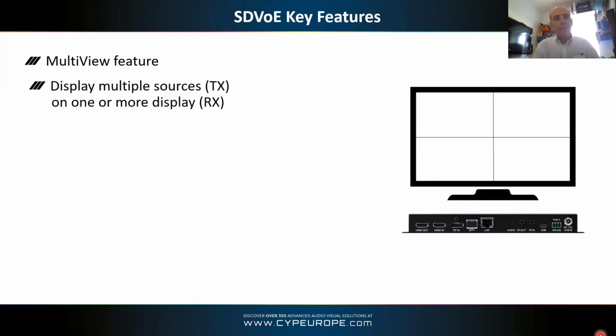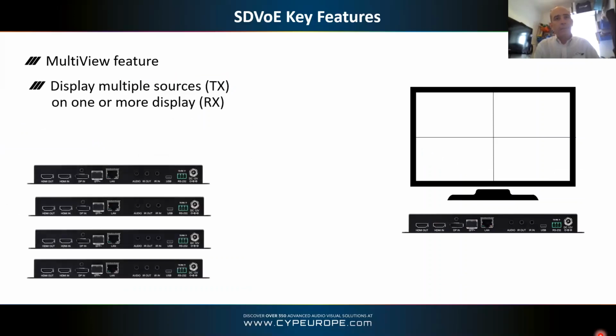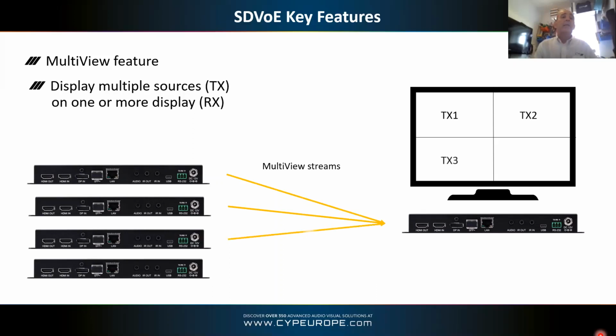Just having a quick look at multi-view then as well. So effectively a receiver saying, I need TX 1, 2, 3, and 4, and I'm going to display them on one screen. Another great feature, isn't it, Kev? Yeah, indeed. So again, this is grabbing your multi-view stream, which is your independent stream. For example, there you've got your 4 TXs showing on one TV, could be a 4K TV, so that whole frame might be 4K. Each of the TX's multi-view streams is in a quadrant, and that quadrant's then 1080p.